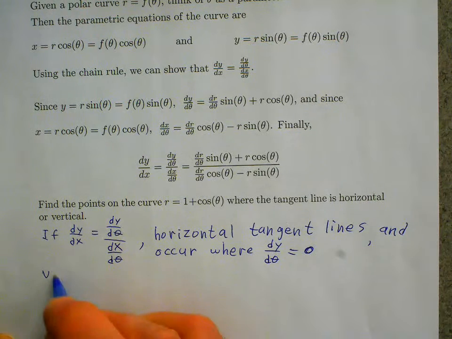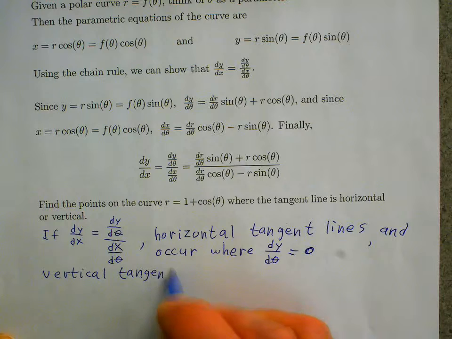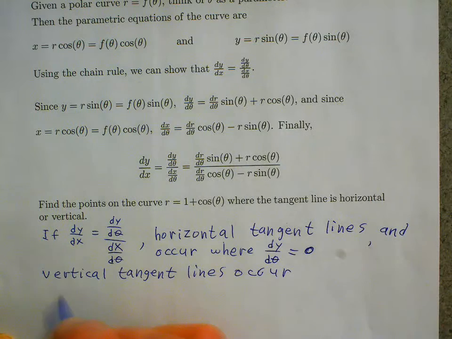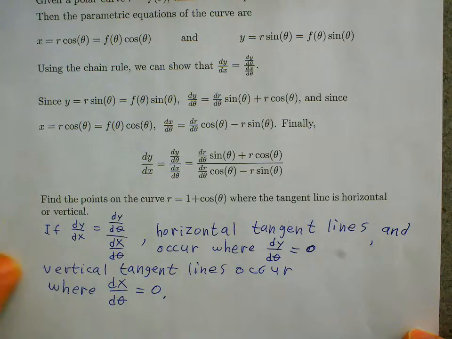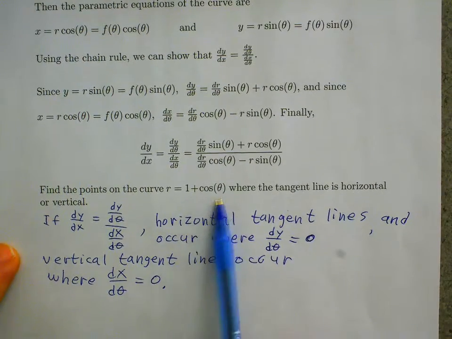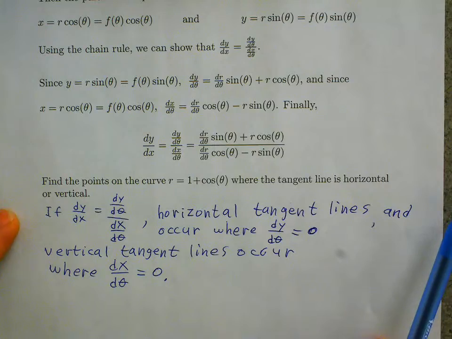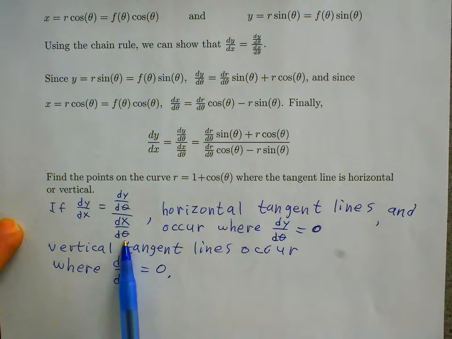Vertical tangent lines occur where the denominator dx d theta equals 0. Okay, so we have this polar curve, r equals 1 plus cosine of theta. We'll compute dy dx, and then we'll find the theta values that make the numerator of the derivative 0 and the theta values that make the denominator of the derivative 0.